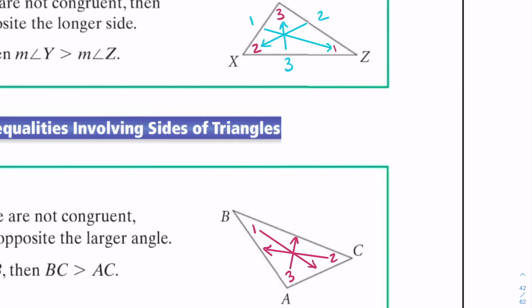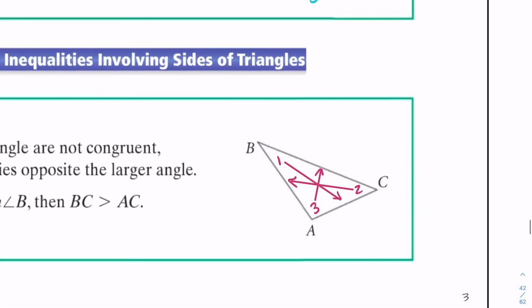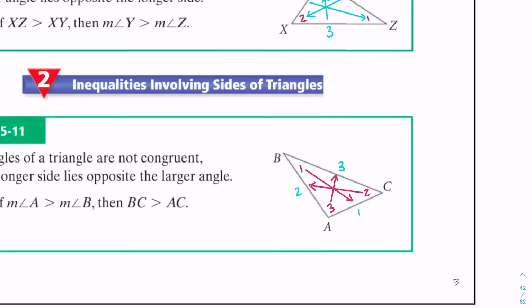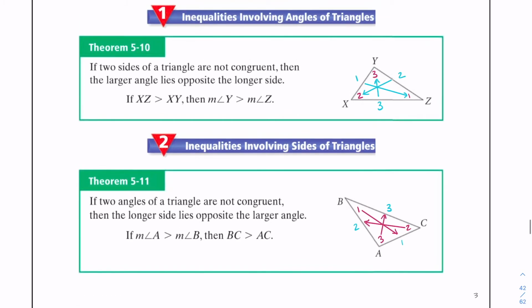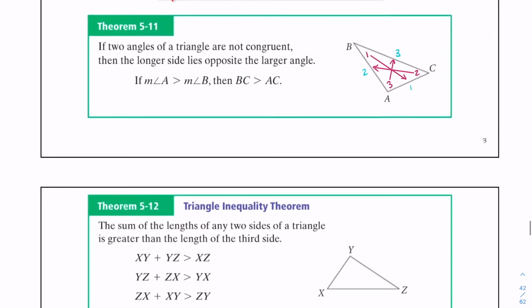So if angle 1 is smaller, then that will be your smaller side. If angle 2 is in the middle, that's 2, and then 3 and 3. So smaller sides are across from smaller angles, and smaller angles are across from smaller sides, and vice versa.